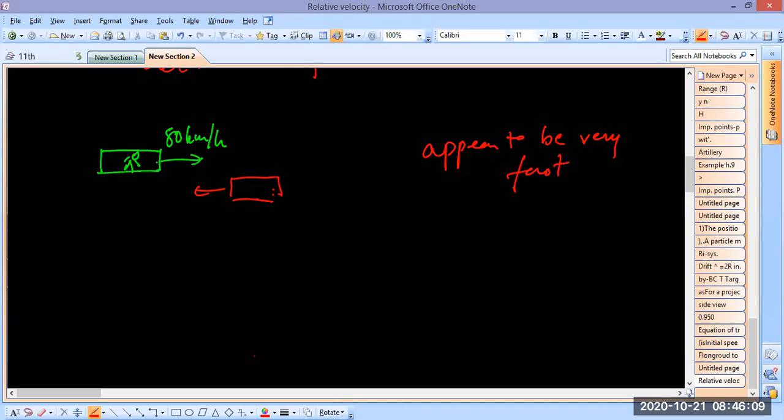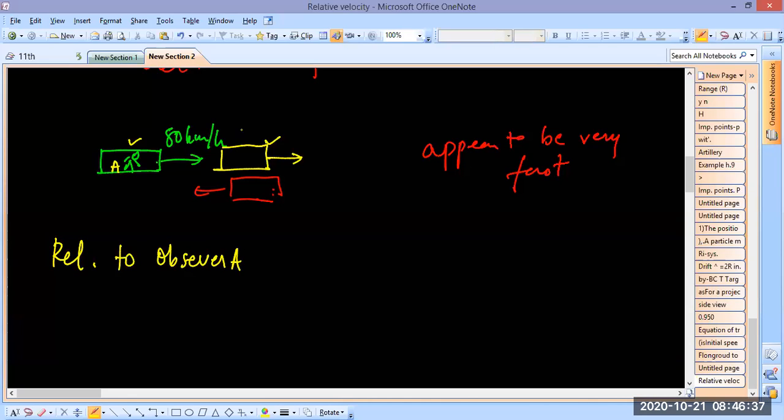But if you consider a vehicle moving in front of you, it's quite easy to count and see who's in there and what they're doing. This is because both vehicles are moving in the same direction. Relative to observer A, this car, the yellow car, has less velocity or less speed.